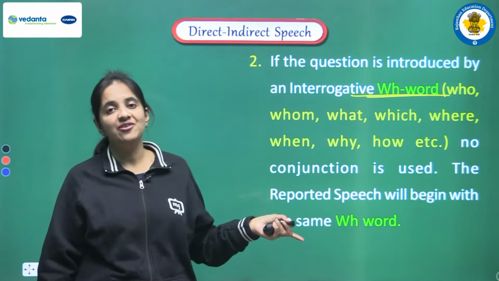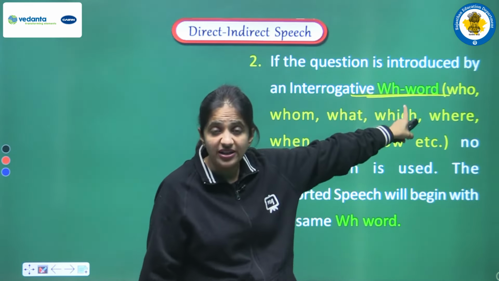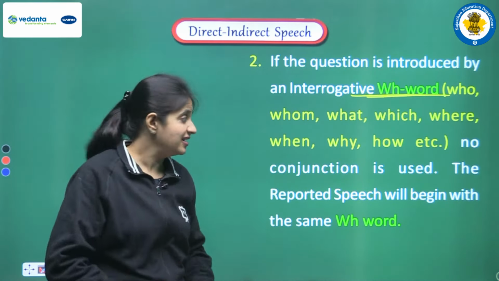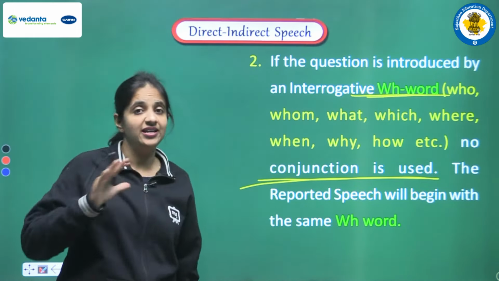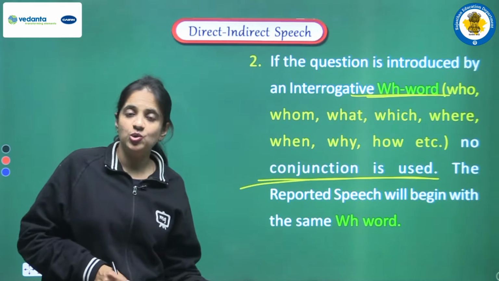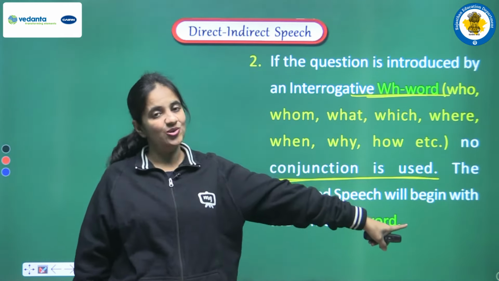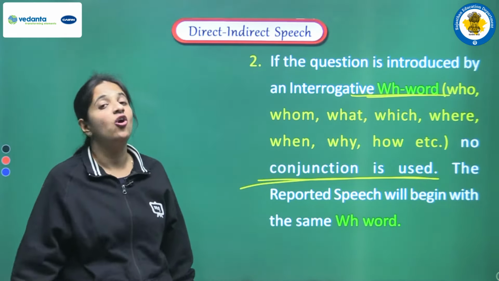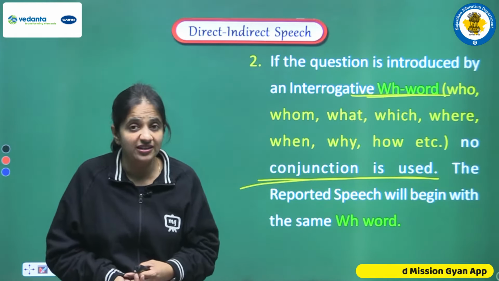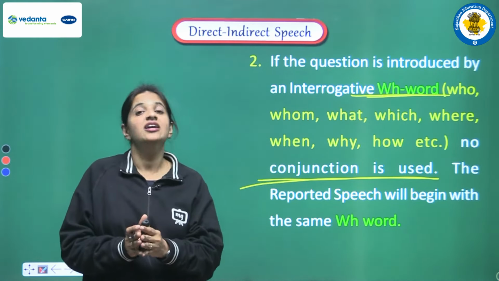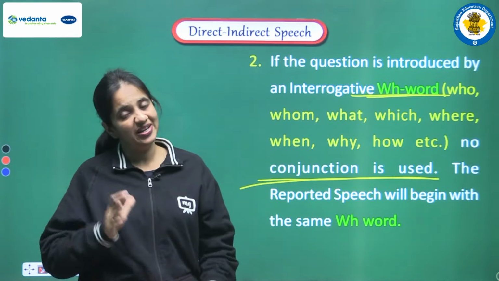But now when we are having an interrogative sentence that is having one WH word in the beginning, at that time we don't add any conjunction, we don't use any other word as the conjunction, but the same WH word will be used in the beginning of the reported speech. Okay, so again it's a very important point, that always you have to remember that if we are having an interrogative sentence and that interrogative sentence is having any WH word in the beginning, we won't add any other conjunction, but we use the same WH word in the beginning of the sentence.